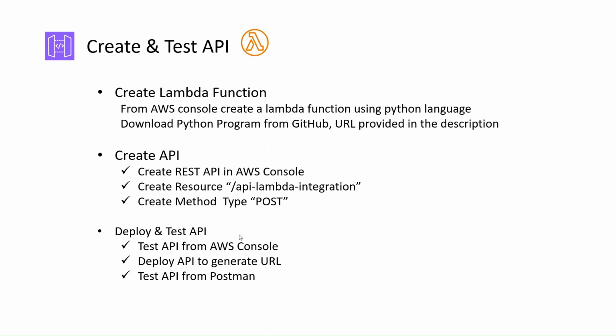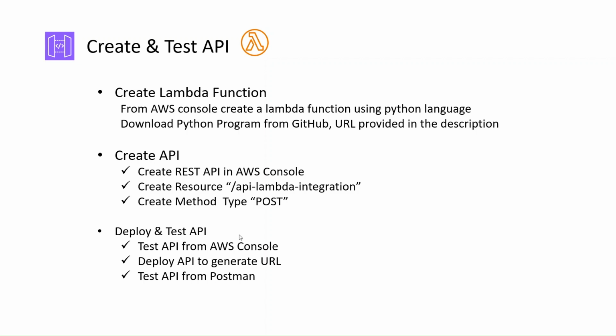Next, we will create a REST API in the AWS console, then create the resource API Lambda integration and a post method which will be integrated with the Lambda function. Same as the Lambda function, we will create one API and use it for both proxy and non-proxy integration by setting the Lambda proxy integration setting to on or off.